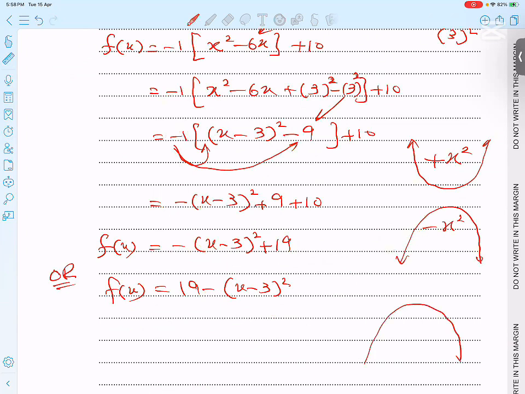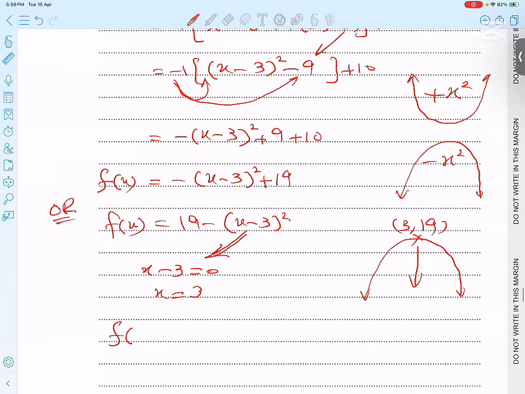To get the maximum point coordinates, I set this equal to 0 and get 3, and the number outside is the y coordinate. If we plug in 3 here, 3 minus 3 is 0, and 19 minus 0 is 19. The y value starts from 19 and goes down.